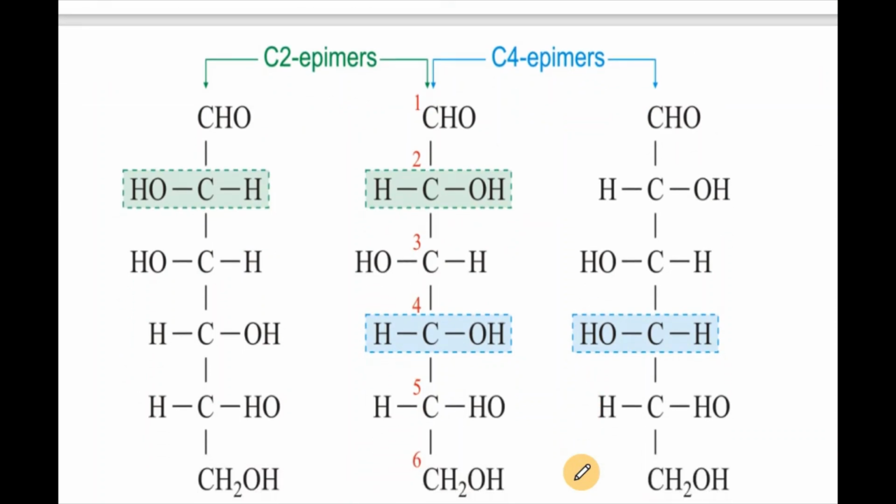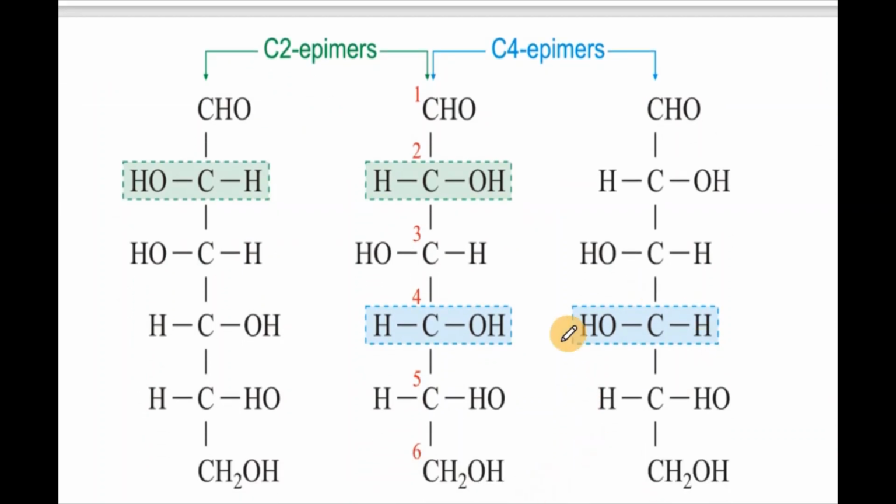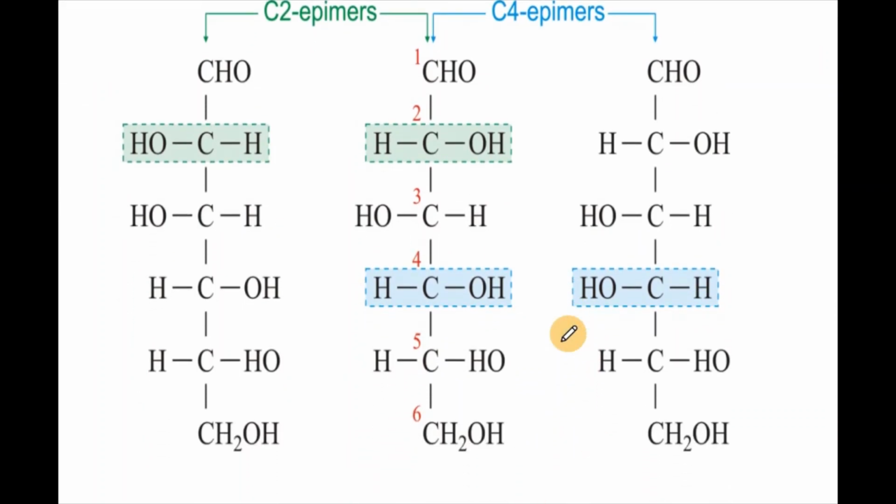Let's look at this one too. This is glucose, and this is mannose. You can see that glucose and mannose only differ at position 2. So glucose and mannose are epimers at position 2.